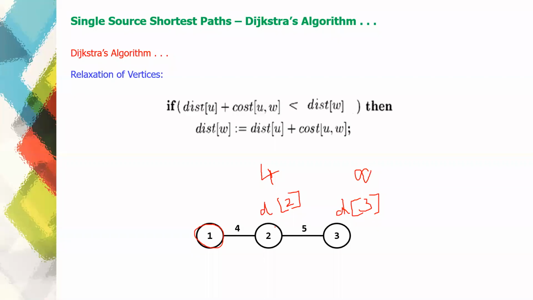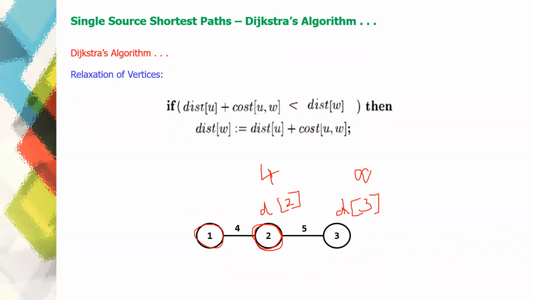The next step will be considering the nearest vertex to vertex 1. So vertex 2 is nearest to vertex 1. Once a vertex is selected, you will have to try and apply relaxation for the remaining vertices which are connected to vertex 2.